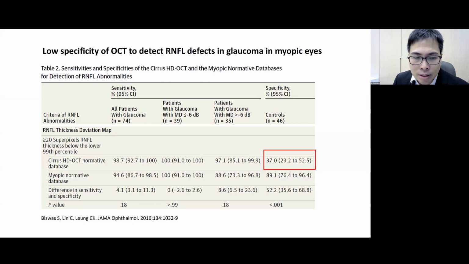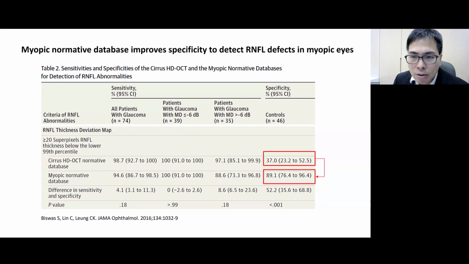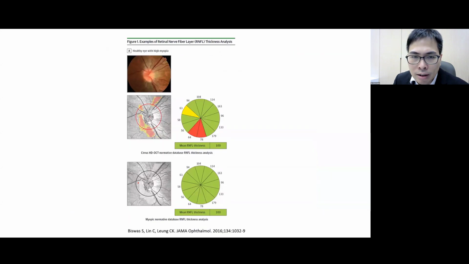And in fact, this is what we showed in our previous study, demonstrating that, alarmingly, the specificity can actually be very low. A lot of false positives can be detected in eyes with myopia. And then when we apply a normative database collected from eyes with myopia, this false positive will be gone.